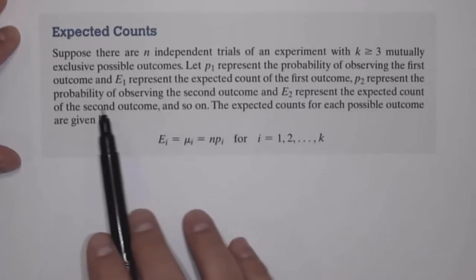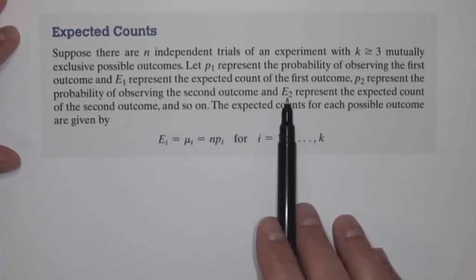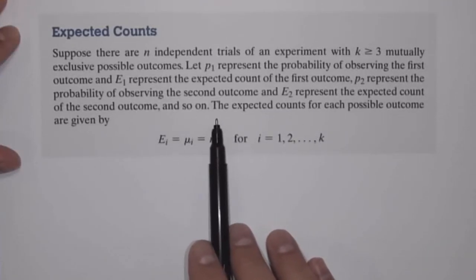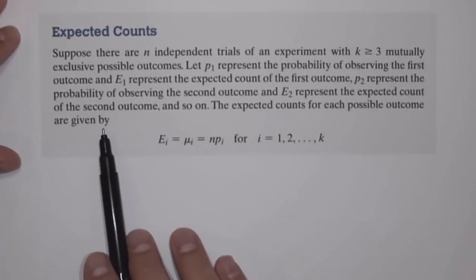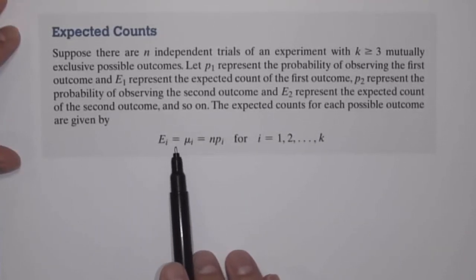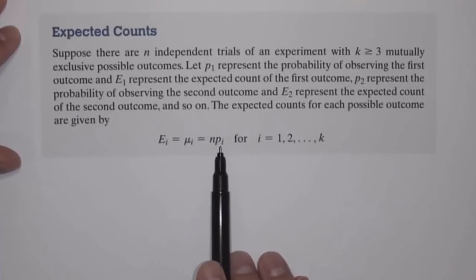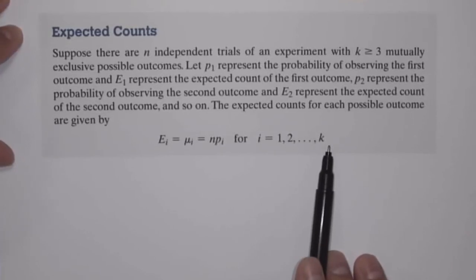P sub 2 represent the probability of observing the second outcome, and E sub 2 represent the expected count of the second outcome, and so on. The expected counts for each possible outcome are given by E sub i equals mu sub i, which equals n times p sub i for i equals 1, 2, and so on up to k.